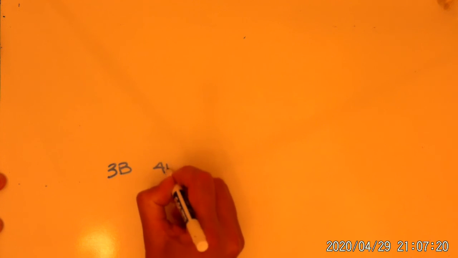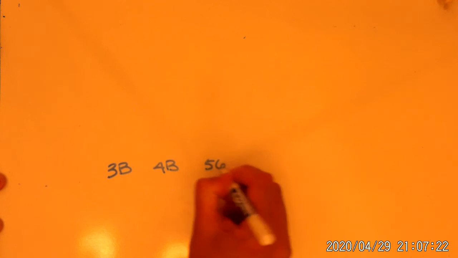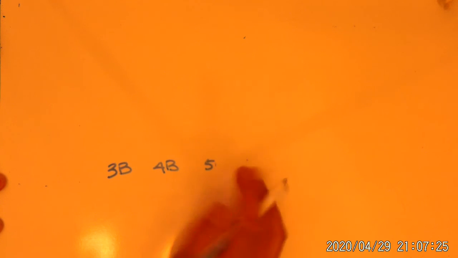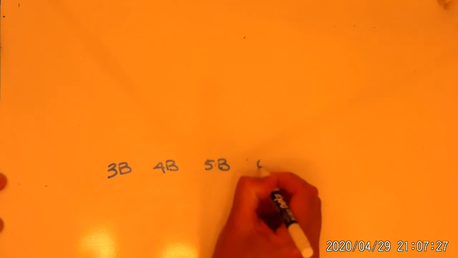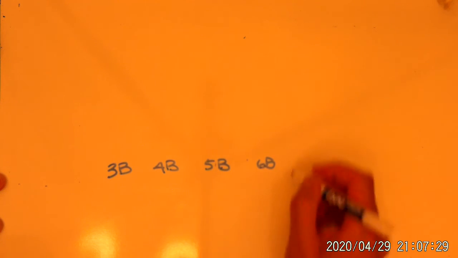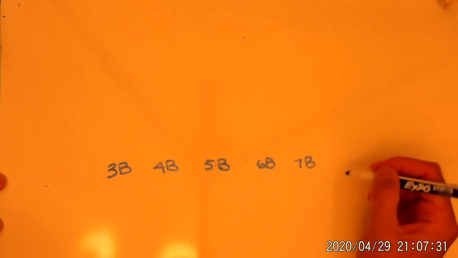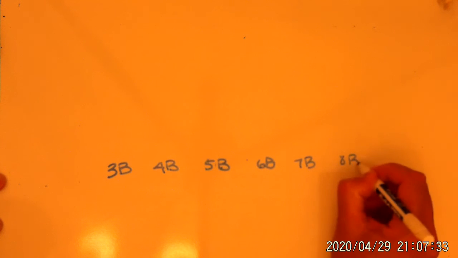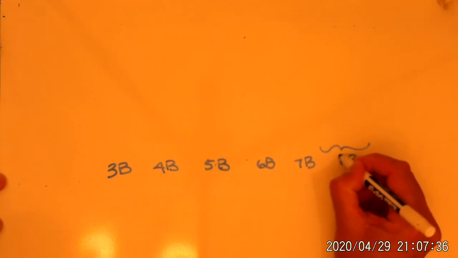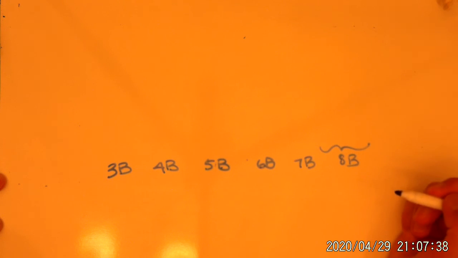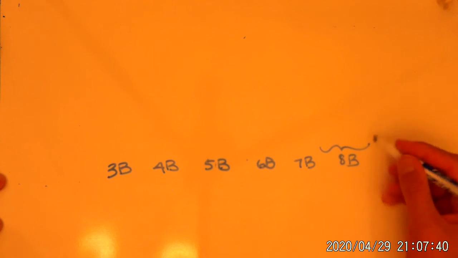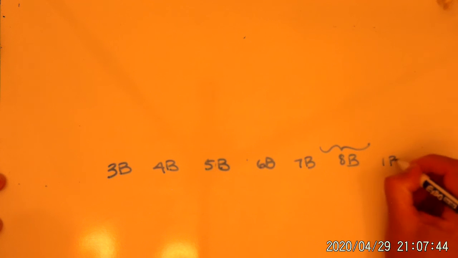Okay, so if you look at the radii, right? If I say 3B, 4B, 5B, 6B, 7B, and 8B, if you look on the periodic table, that covers several elements, and then 1B and 2B.